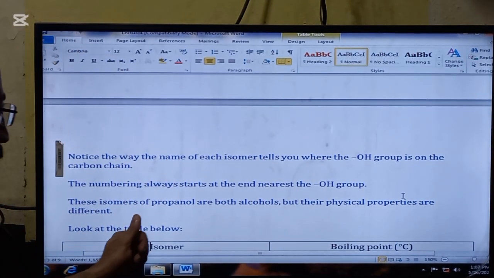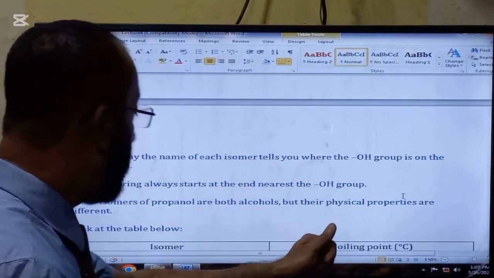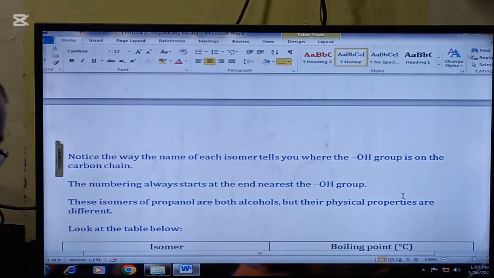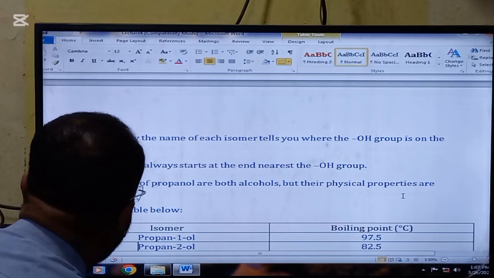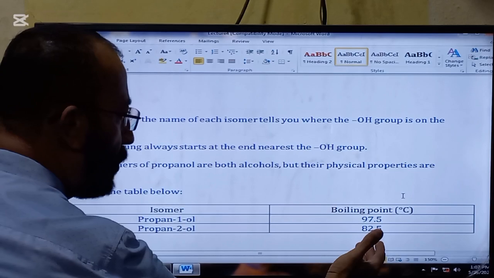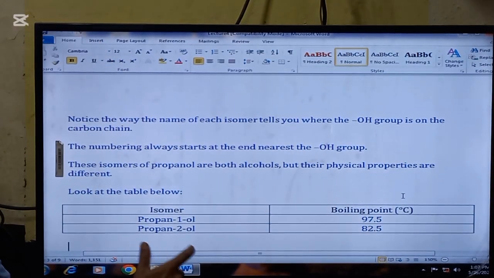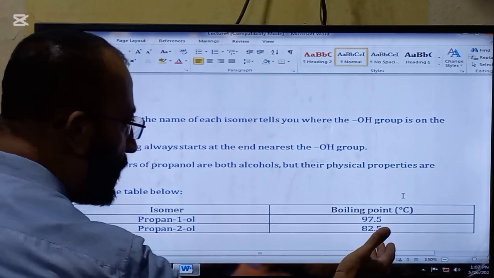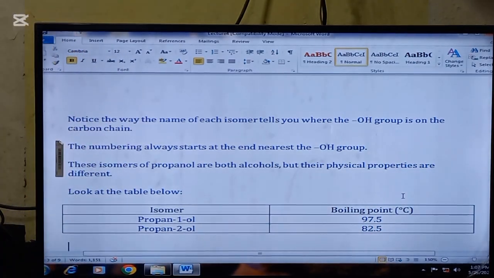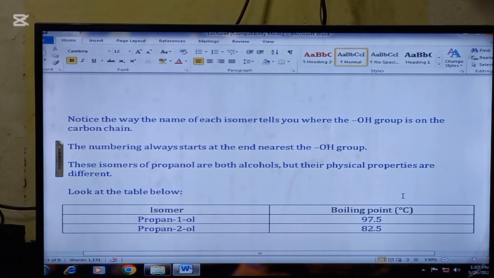These isomers of propanol are both alcohols, but their physical properties are different. Look at the table. Propan-1-ol, its boiling point is 97.5. Propan-2-ol, its boiling point is 82.5. The physical properties of the two isomers of propanol are different.